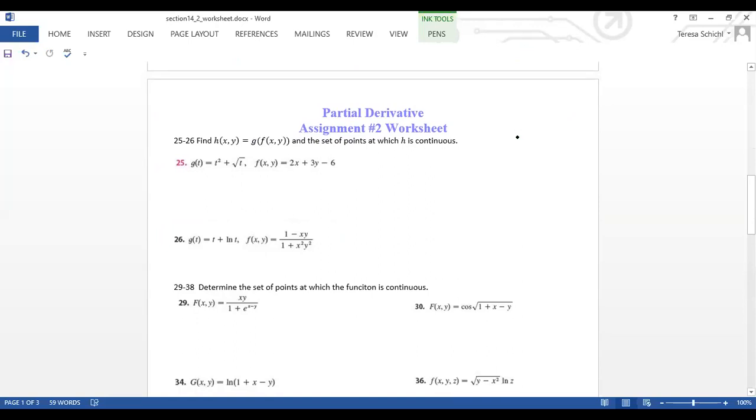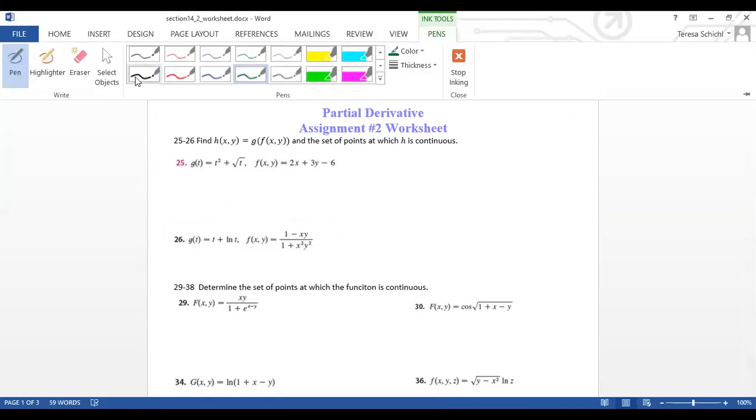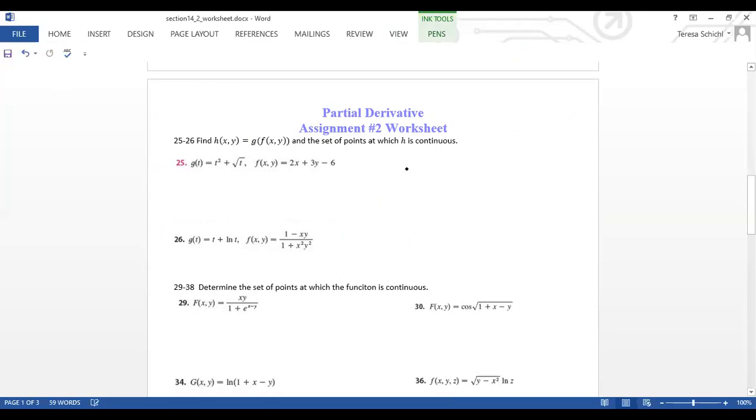Okay, so now I'm going to do number 25. Here they say h of x is a composition of the functions g and f. I want to find the set of points where h is continuous. So the first thing is h of (x, y) is equal to g composed with f, right?